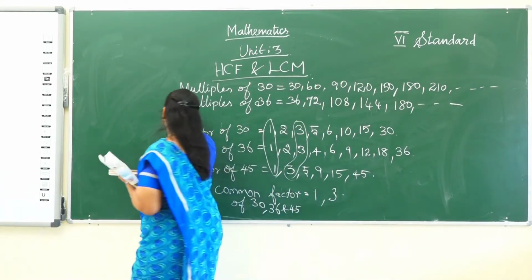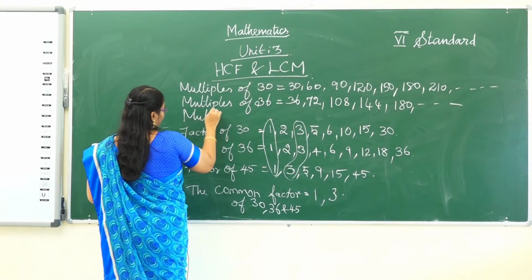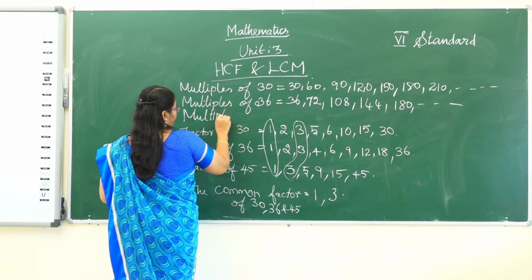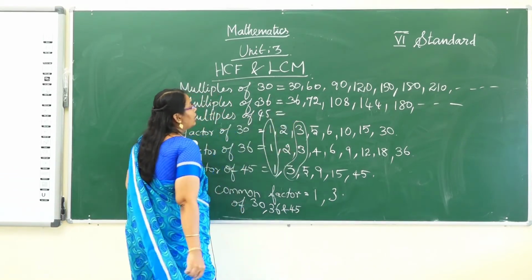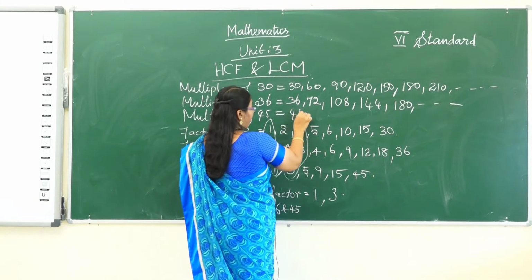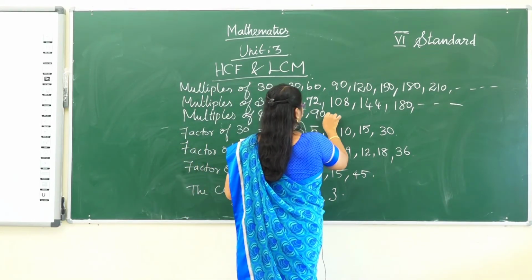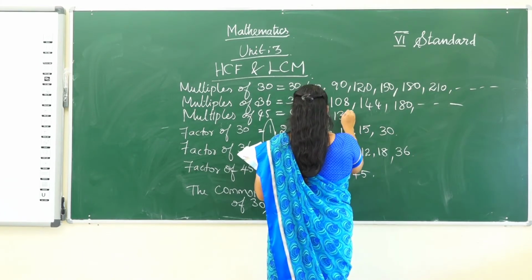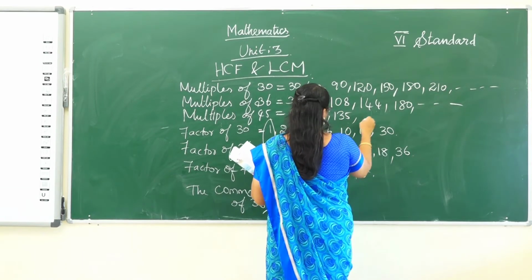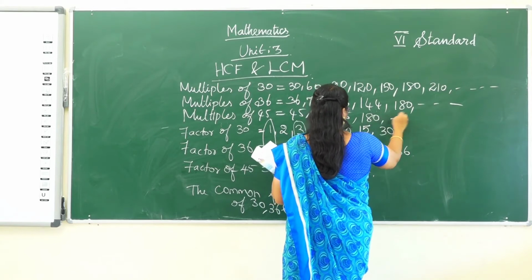And next, multiples of 45. 45, 90, and then 135, and then adding 45, we get 180, and so on.